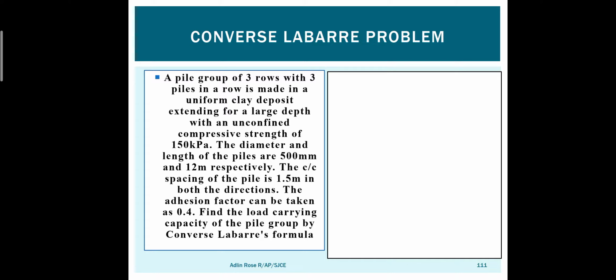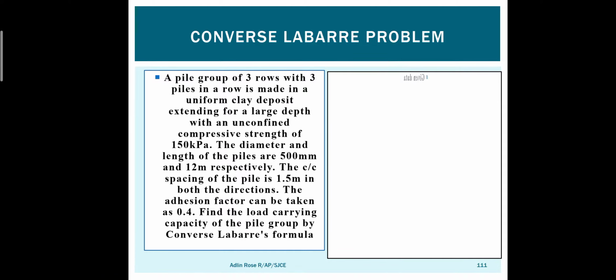So diameter is 500 mm, 0.5 meter, and length is 12 meter. The center to center spacing of the piles is 1.5 meter in both directions. The adhesion factor can be taken as 0.4. Find the load carrying capacity of the pile group by the Converse-Labarre formula.